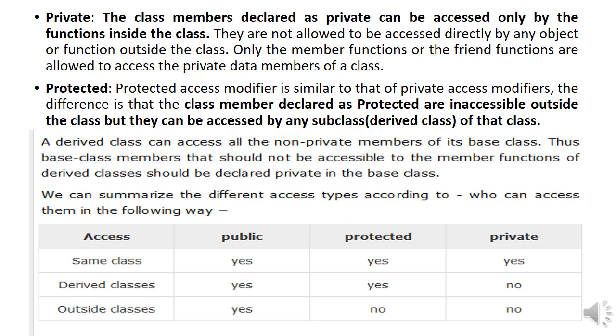The difference is that if you declare your data members under the protected access specifier, they can be accessed by any member functions of that class and also the member functions of any derived class of that class. That means the protected data members are not accessible outside of that class except by the subclass or derived class of that class.